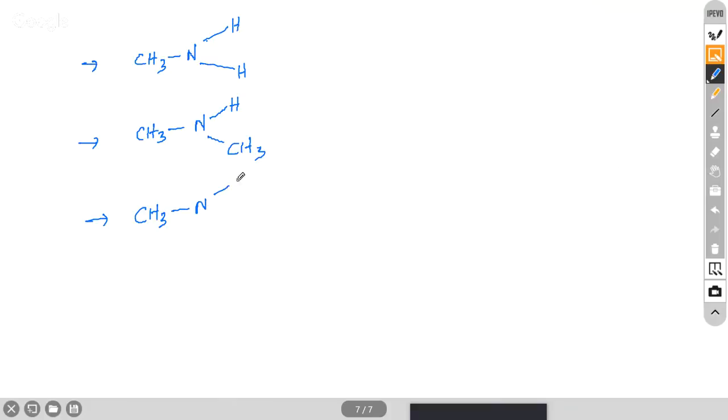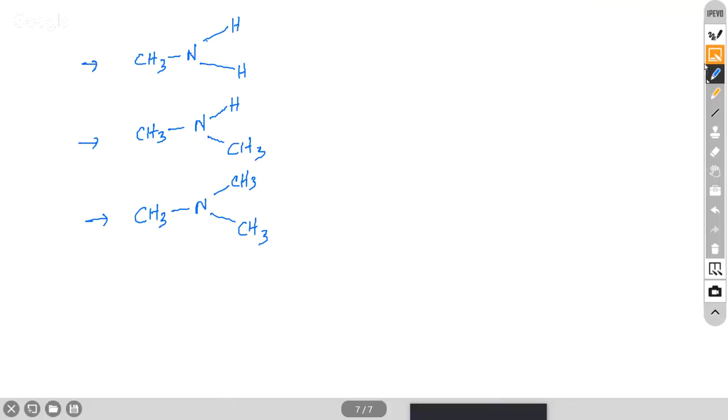What are the steric and hydration effects, you see? See, first of all, if you have this compound, that is CH3, H and H, and then we have CH3, H and CH3, and the last one we have CH3, CH3 and CH3.